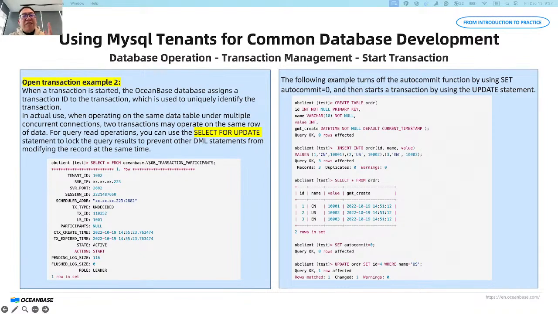When a transaction is started, the OceanBase database assigns it a transaction ID, which uniquely identifies the transaction.